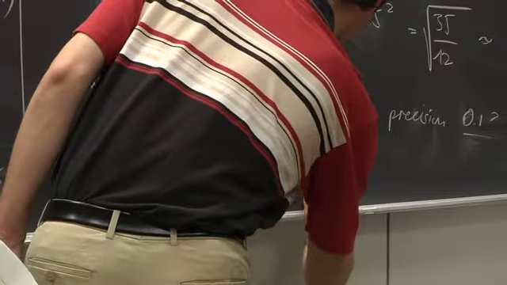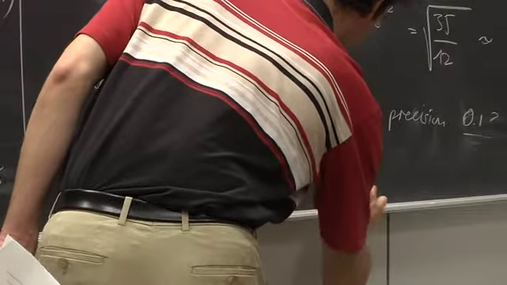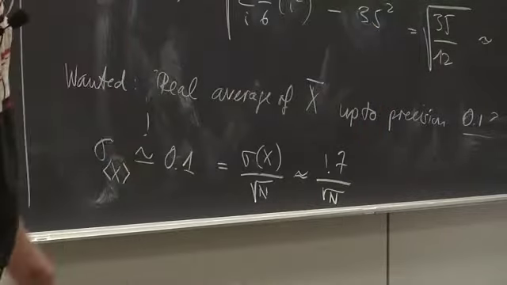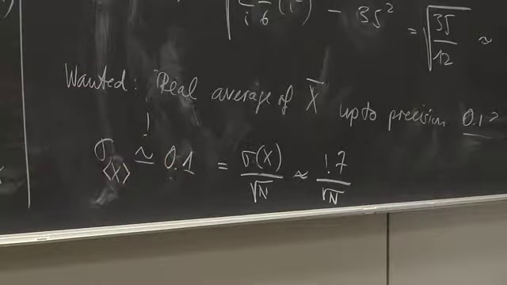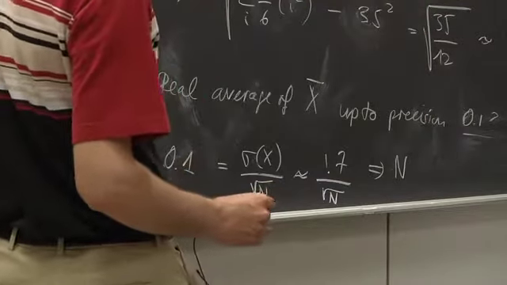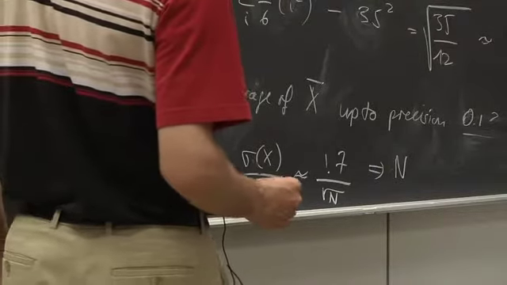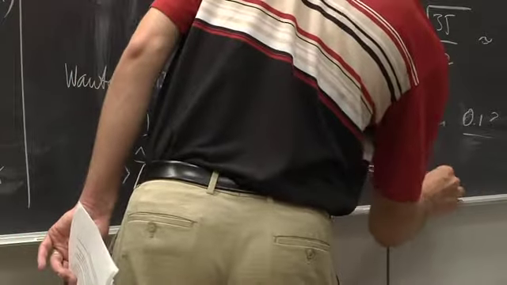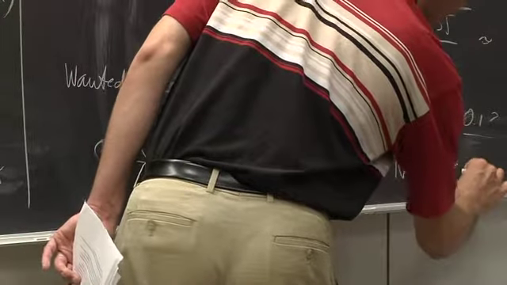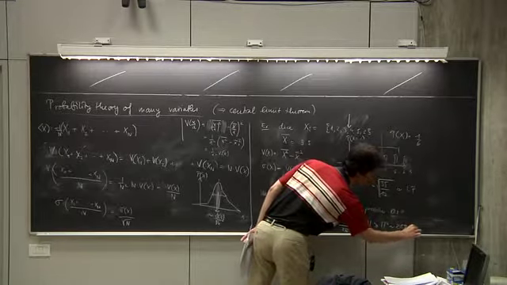So let's say this is presumably about 1.7 over square root of n. Now, if you want this to be 0.1, then what should I take for n? Yeah, so n bigger than 17 squared, which is 289, is about 300.